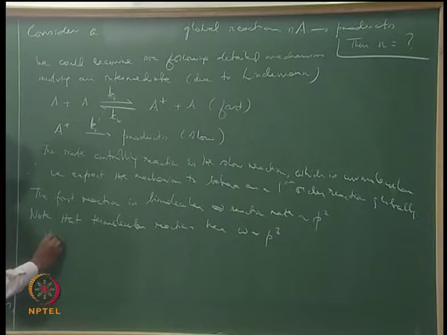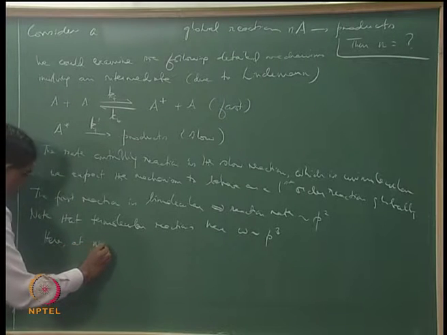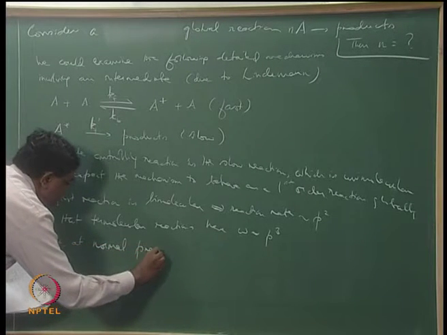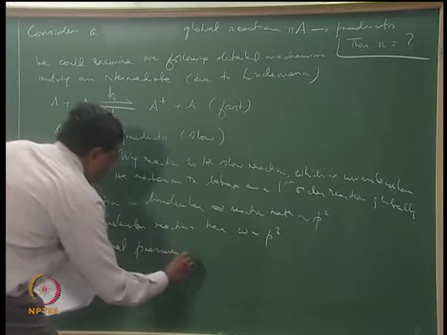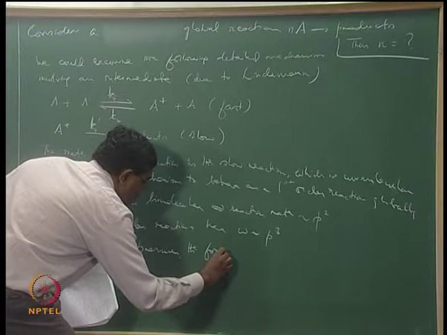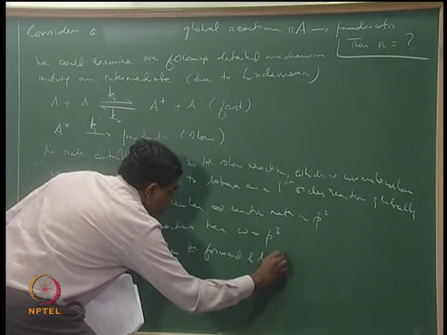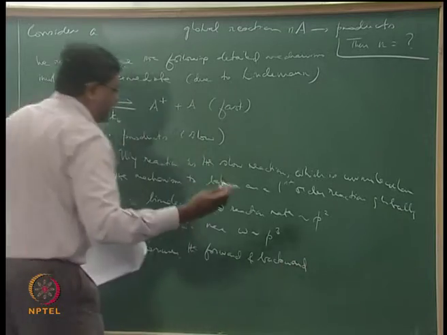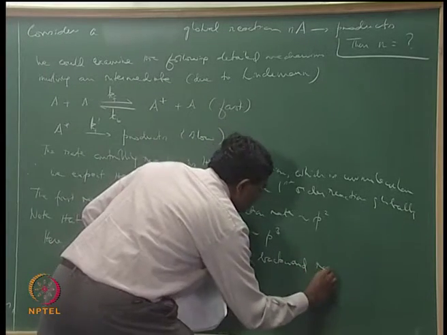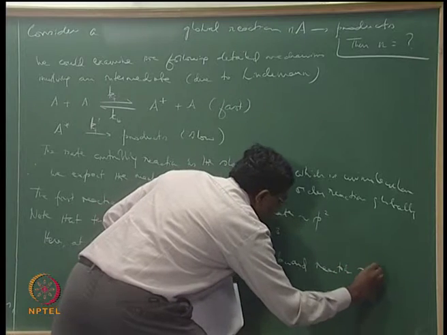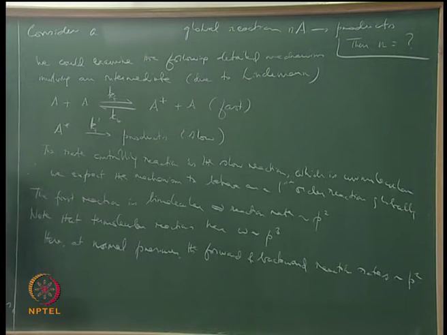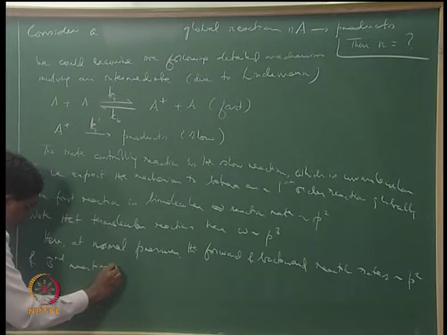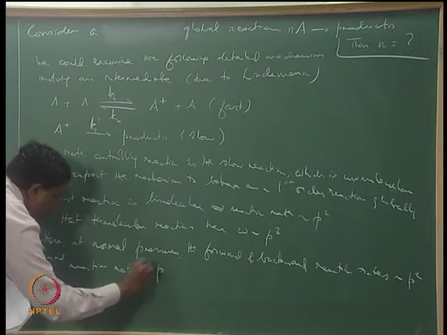So here, at normal pressures, the forward and backward or reverse reaction rates go as p squared, and the third reaction rate goes as p.